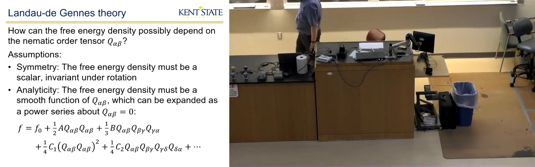What else could you do? Well, if you had some other vector in your problem, like a magnetic field, then you can make a scalar which is H alpha, Q alpha beta, H beta, or you could write that as H dot Q dot H. You could totally do that if you have a magnetic field, or likewise with an electric field.